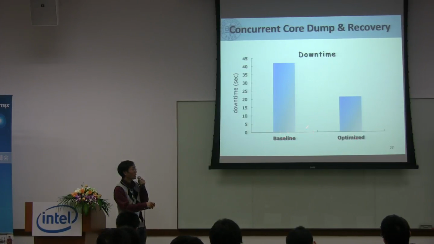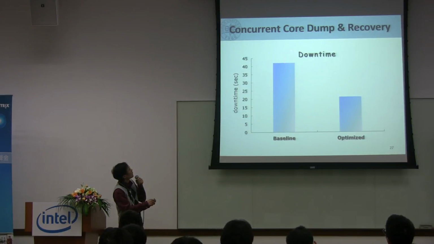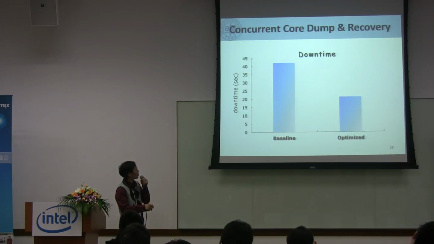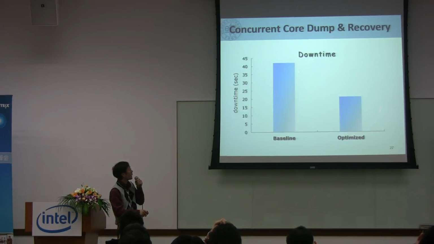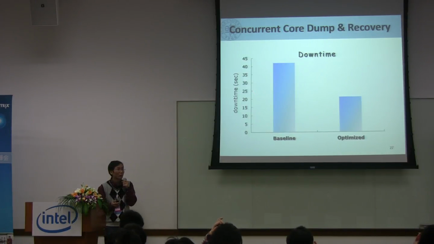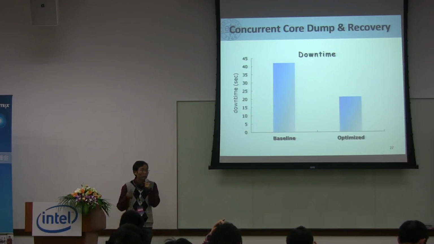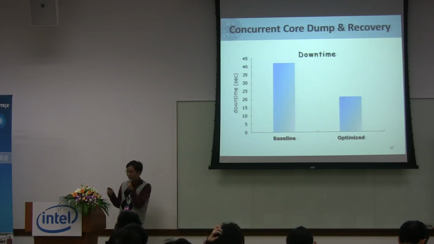The first one is the baseline, the vanilla Xen without our optimizations, and it takes around 42 seconds to finish the crash dump and the recovery. In our optimized version, the downtime is around 20 seconds, so it's an improvement of nearly 1 time.